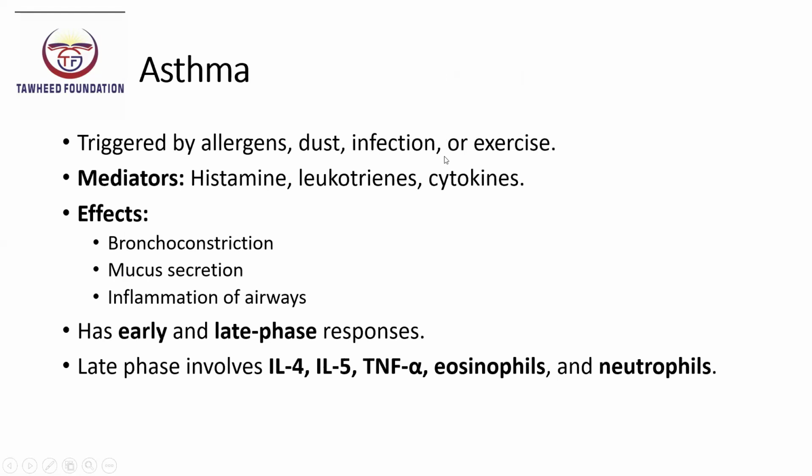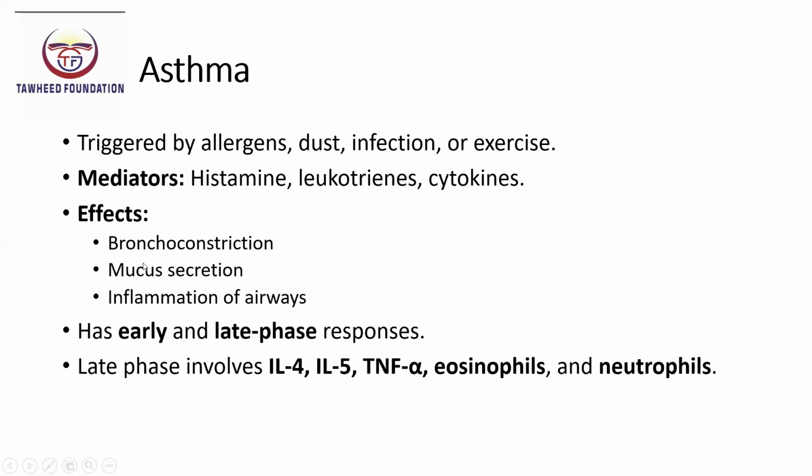Next is asthma. Asthma is another common manifestation of localized type 1 hypersensitivity. It can be triggered by allergens, dust, infections, or even exercise. In asthma, mast cell mediators like histamine, leukotrienes, and prostaglandins cause bronchoconstriction, mucus secretion, and airway inflammation.